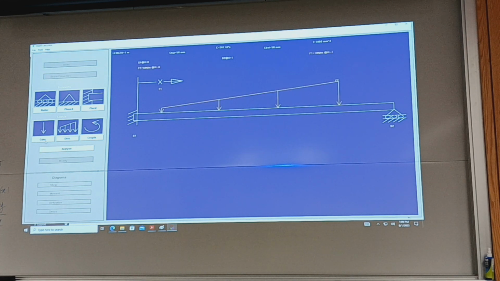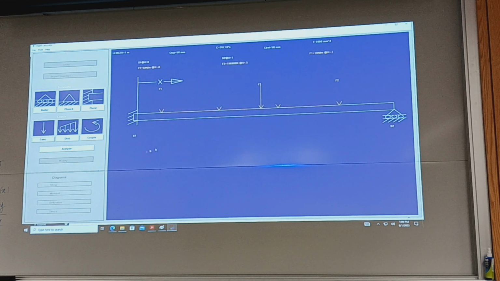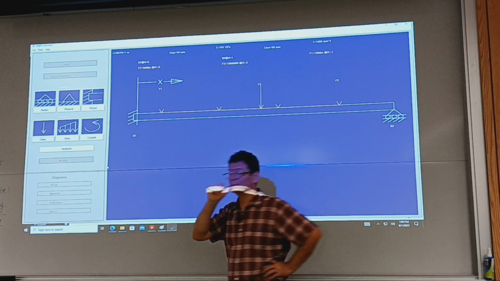I can add a concentrated force, add, could be in the middle, point 5. And magnitude, make it significant. Oh, you know what I did? There's a disproportion of size between the distributed and the concentrated.